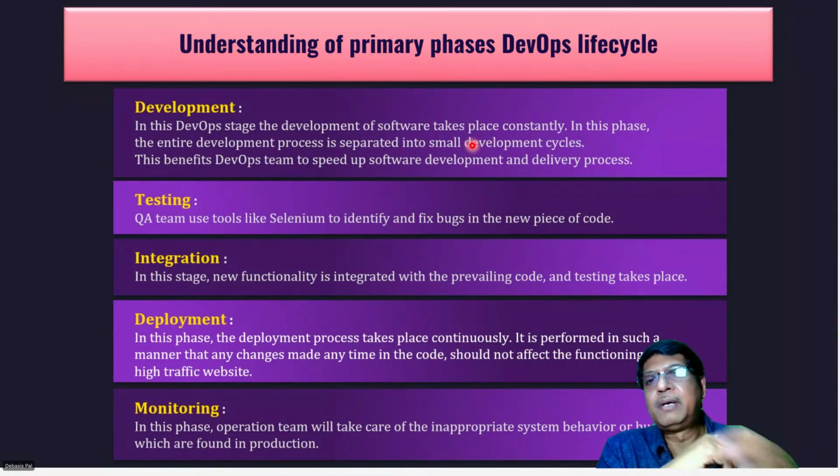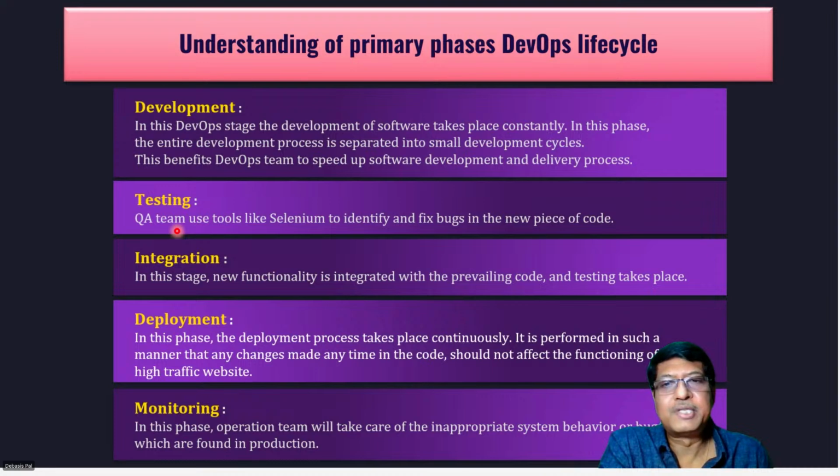Development takes a very important stage over here. Testing: the QA team, the DevOps team, will have some tools to speed up software development and delivery process. We will learn about those tools. The testing team, in essence, is a testing team, but they are also part of this DevOps lifecycle.